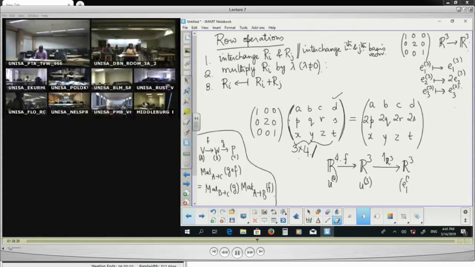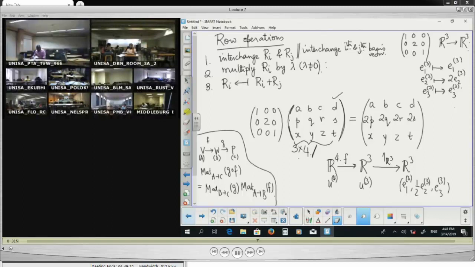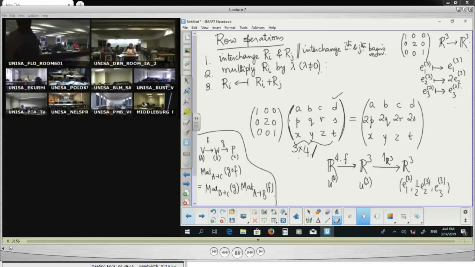So what's the goal then? Similar. Multiplying a particular row by a non-zero number lambda means you have actually changed the basis from the usual one, so that ith vector has therefore been multiplied by 1 upon lambda. Okay?